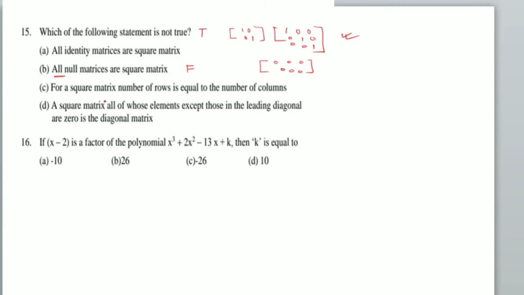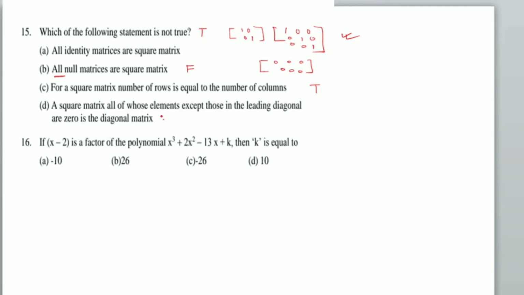Next one is for a square matrix, number of rows equal to the number of columns. Yes, obviously number of rows and number of columns are same in a square matrix, so it is true statement. Option D is a square matrix all of whose elements except those in the leading diagonals are 0 is the diagonal matrix.